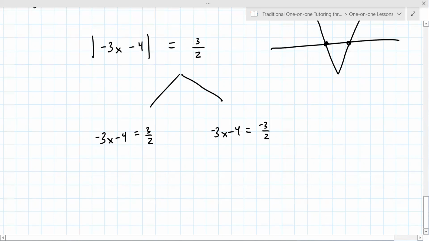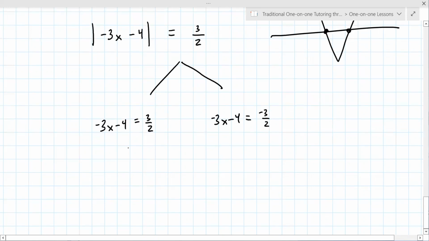And then this is where you can save some time. You're going to add 4 to both sides of the equation, but because it's a fraction, you don't want to add 4 to 3/2. You've got to look at it as, I need to make a common denominator. It's obviously 2. So if you multiply the 4 by 2, you get 8, the 1 by 2, you get 2.